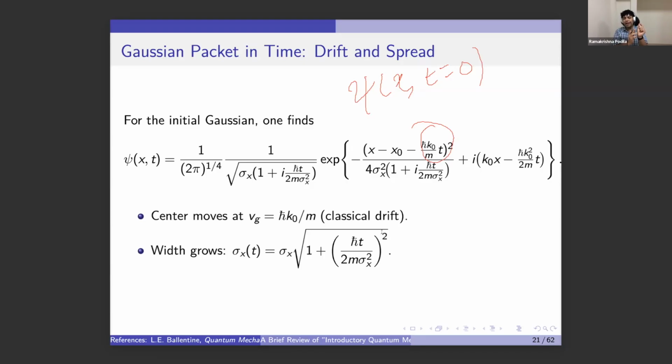That is, to make the wave packet right after it is emitted from the tip, we use a certain set of momenta. But as the particle evolves in time, it is going to expand. The number of momenta that we have to use is going to increase, so it is going to spread out. The width is going to grow, and it is going to keep moving. So we can use this Schrodinger wave equation and actually compute how this wave packet is evolving. Let me show that to you in the code that we have.